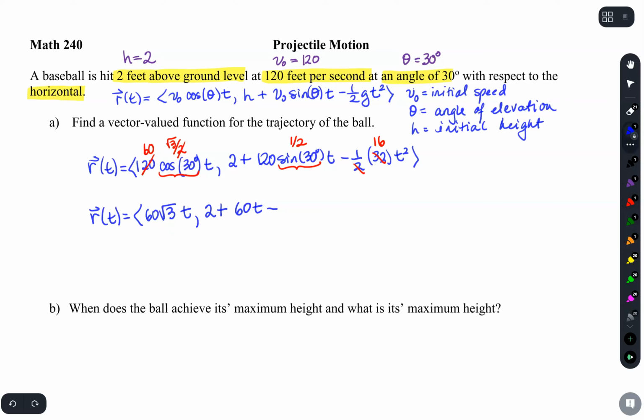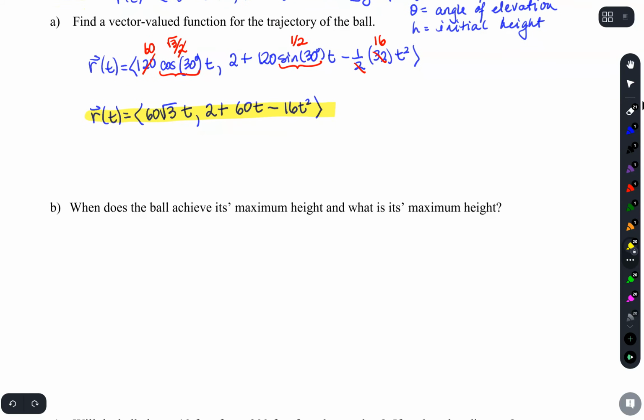So that's going to be a minus 16 t squared. So there's the position function for this particular baseball, and the x component describes the horizontal position of the baseball, and the y component describes the vertical position.